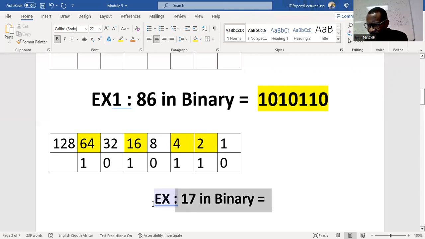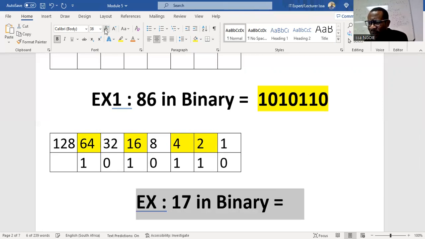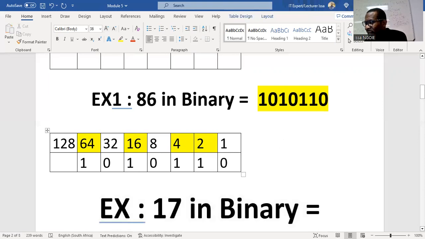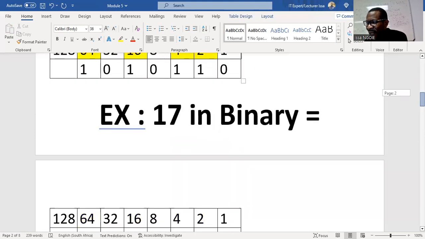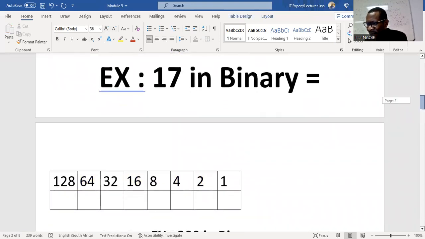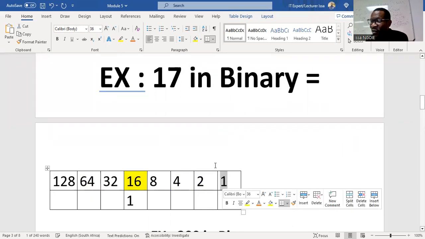Let's convert the number 17 in binary. You go back to your table. How can I get 17? So 17 is 16. You put 1. 16 plus what? 16 plus 1.